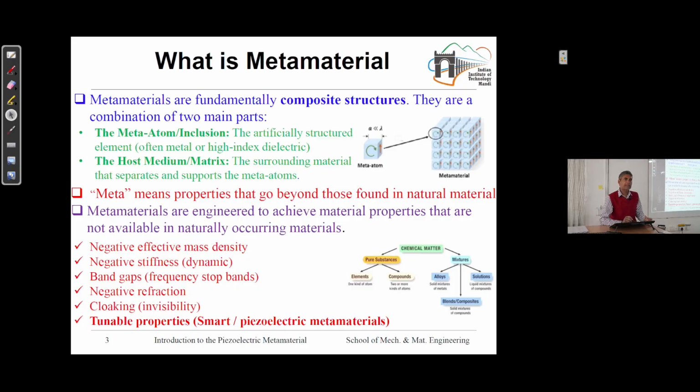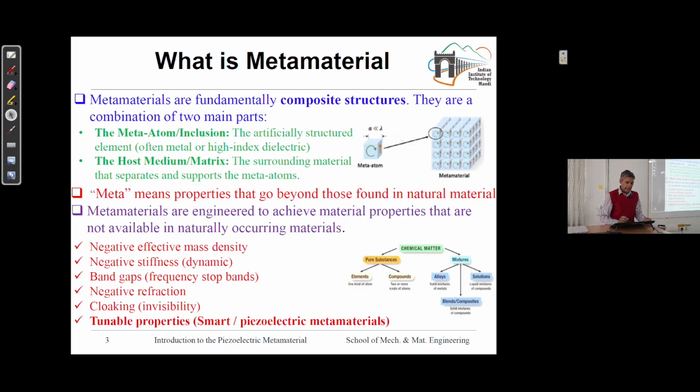Band pass, basically a range of frequencies we can allow and a range of frequencies we can stop. That can be possible with the help of metamaterials. Negative refraction, cloaking. There are so many applications, so many unusual properties that are required.